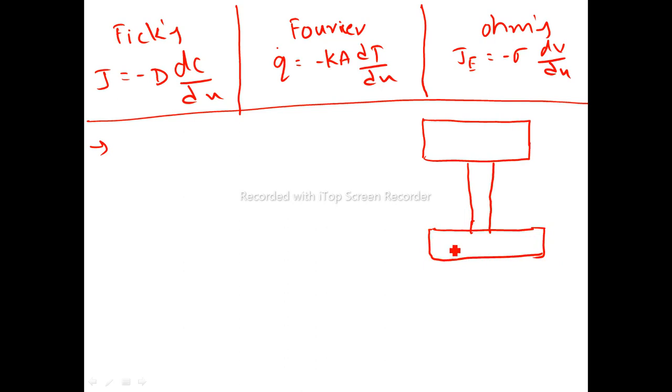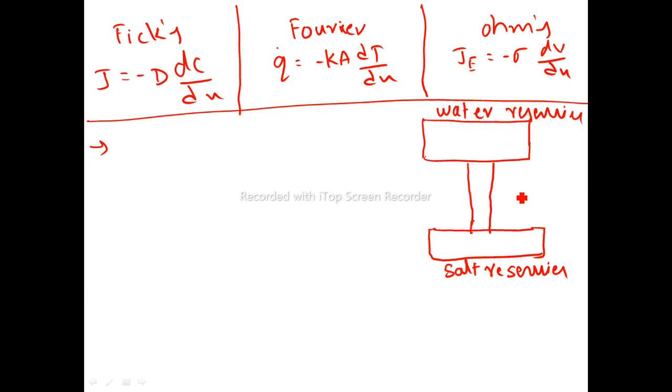This is a saturated salt reservoir, and this is a pure water reservoir. So this one consists of pure water and this one consists of saturated salt water.